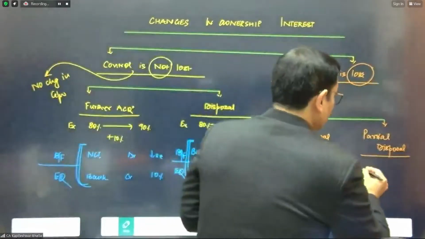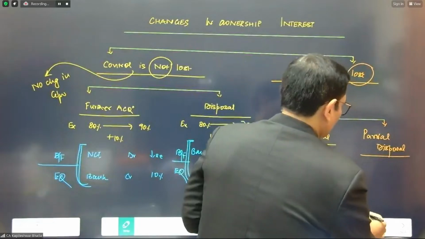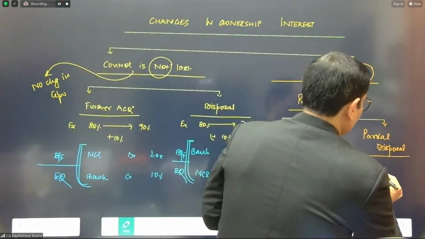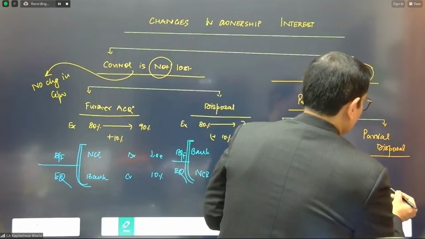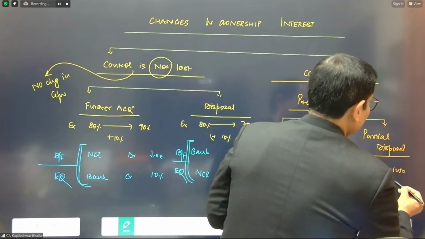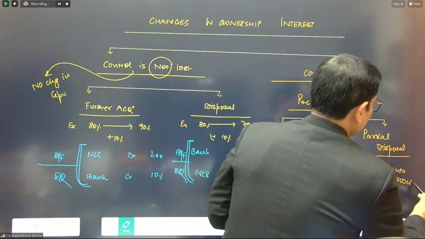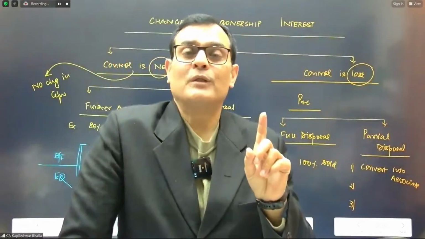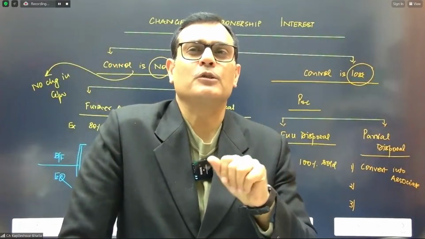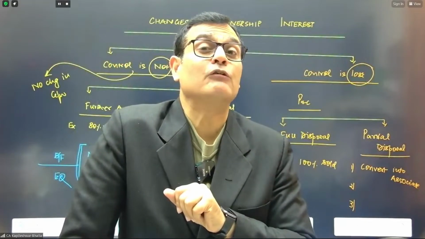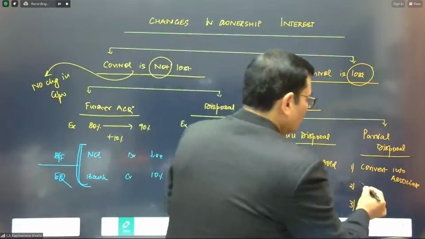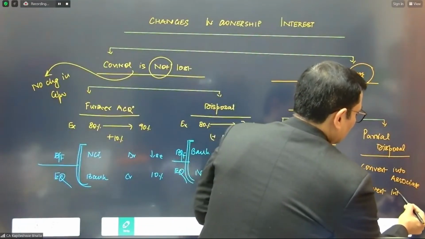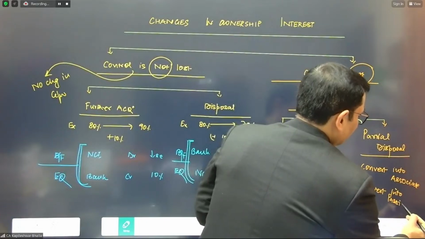And the partial disposals could be, a lot of permutation combinations. Number one, it could be a case where you convert into an associate from a subsidiary which had control. You convert into an associate, a significant influence. Or you could convert into a simple passive investor.